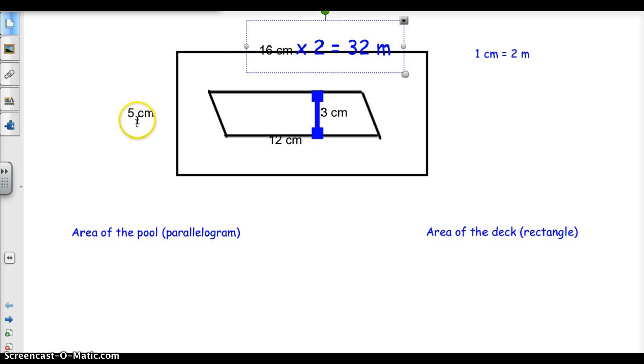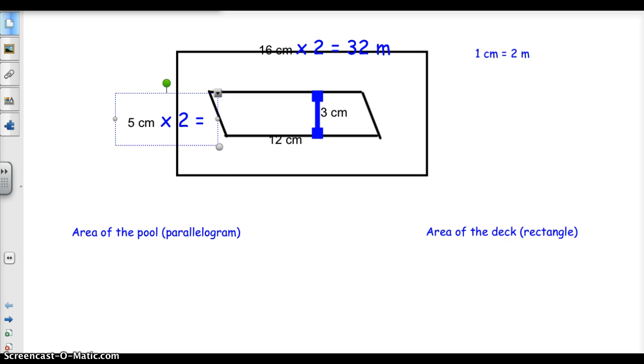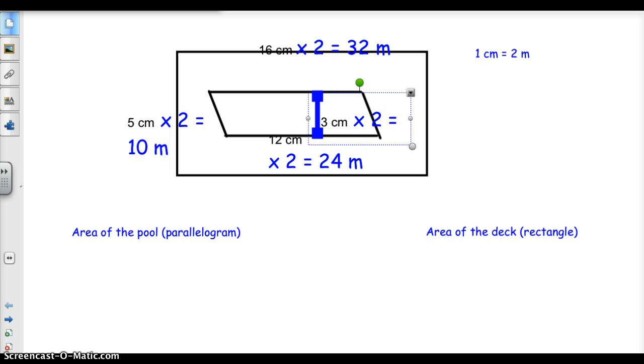So let's work with 32. 5 times 2 equals 10 meters. 12 times 2 equals 24 meters. And 3, you guessed it, times 2 equals 6 meters. So now the blue numbers are the numbers I'm going to work with.